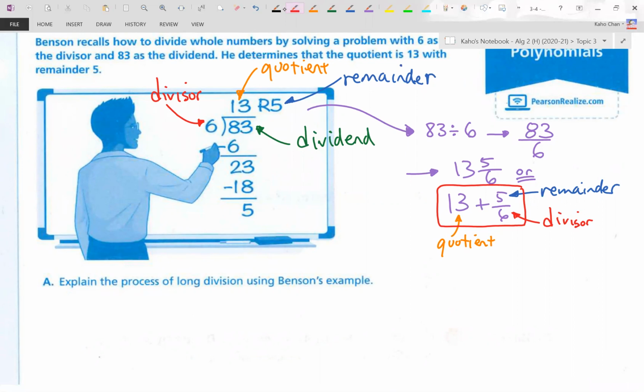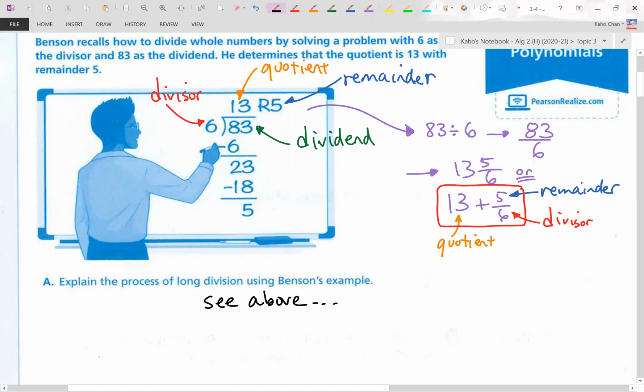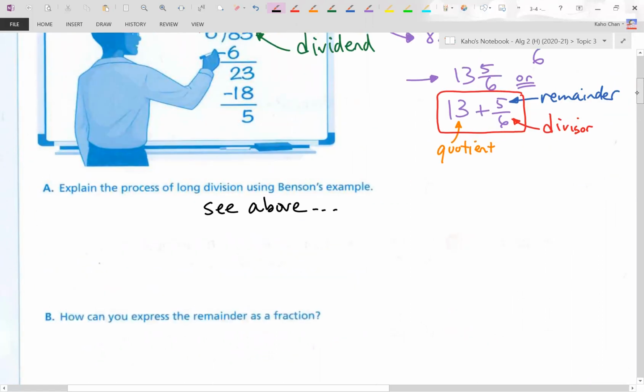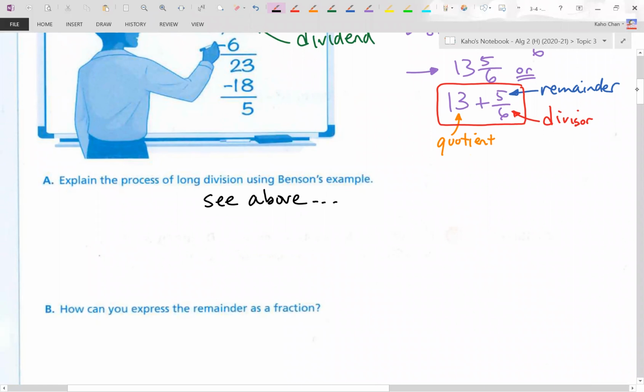Explain the process of long division using Benson's example. Okay. We kind of did that. See above. Next question, how can you express the remainder as a fraction? Fair enough. 5 over 6.